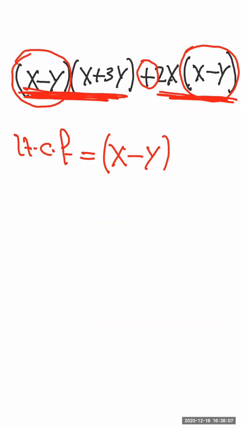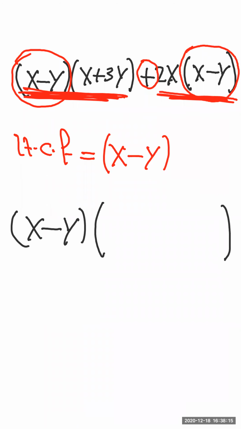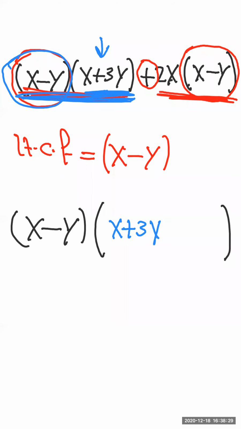Now, guys, the next step, place the highest common factor, which is x minus y, then the brackets. What will be the remaining of the first term? Look at the first term, guys. We said that x minus y is the highest common factor. So the remaining is only x plus 3y. So x plus 3y, then positive sign.